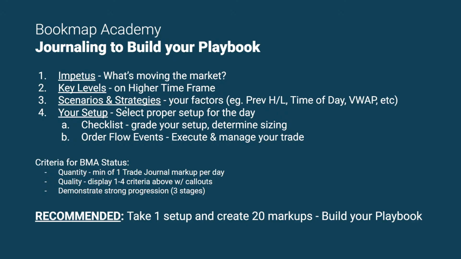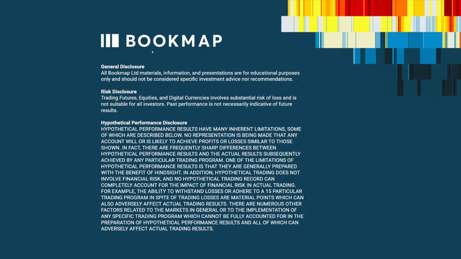And then we start to develop scenarios and strategies around those factors, like maybe it's previous high of the day, maybe it's your VWAP trader, whatever. But then we drill down to our setup, and we have a checklist for our setup. This ensures that you're looking for the proper setup for the day. And then with the setups checklist, it comes down to just execution at this point, and you look for an order flow event.